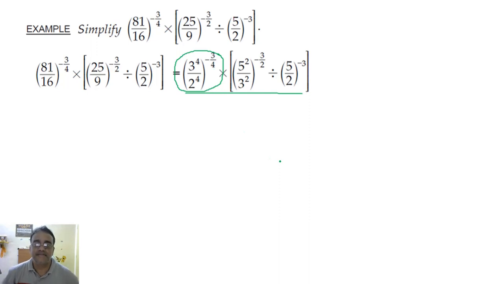A to the power m upon b to the power m is equal to a upon b whole to the power m. Sir, a to the power m by b to the power m is equal to a by b whole power m.